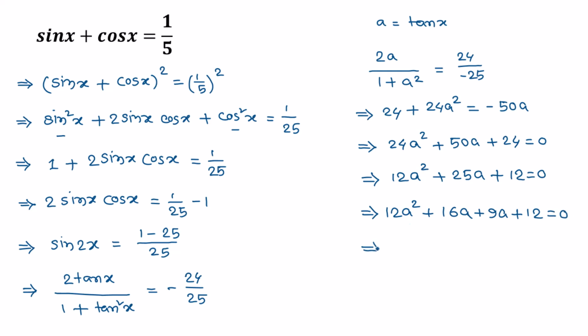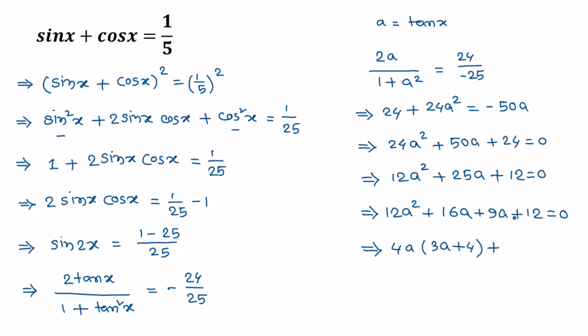Taking common 4a from these two terms, we can write 4a times 3a plus 4, since 16 divided by 4 is 4.